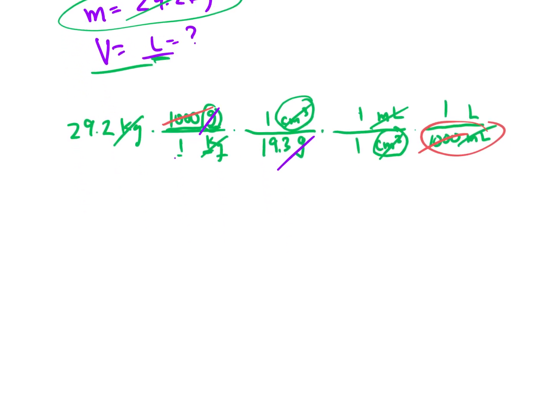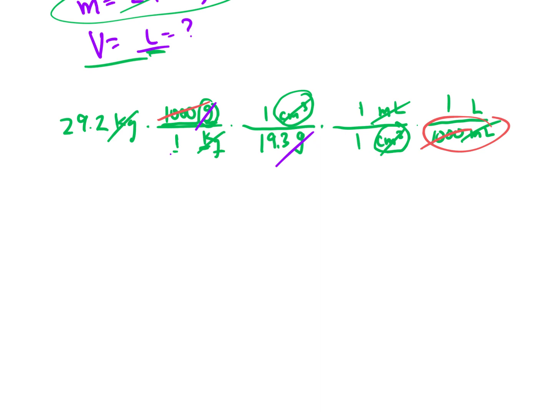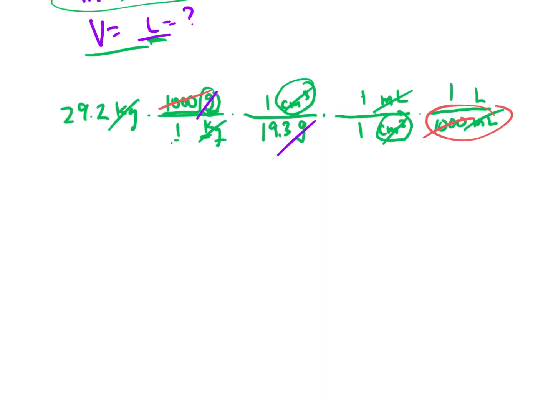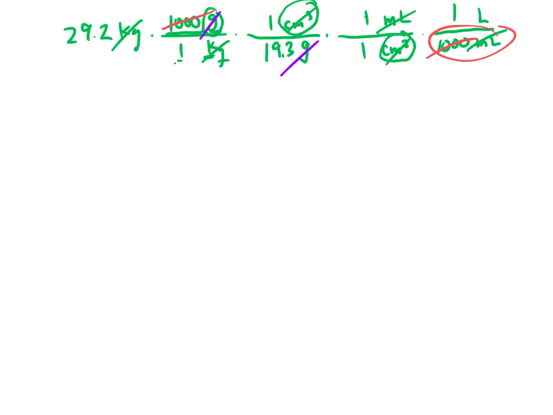Okay, the next question you had was on sig figs. So we got 9.740 times 10 to the 4th power.